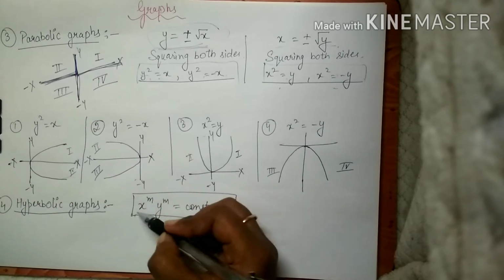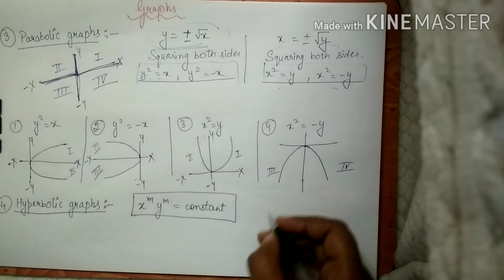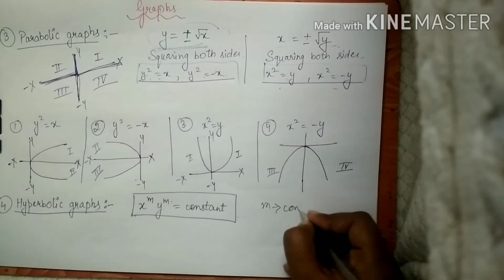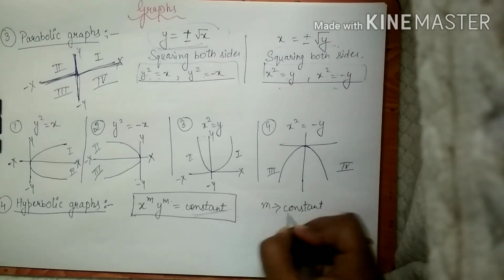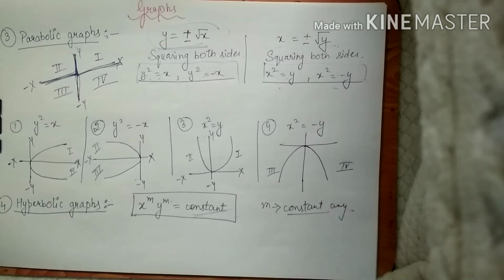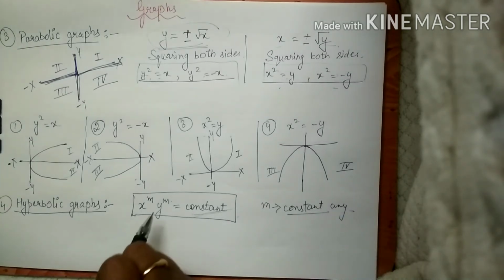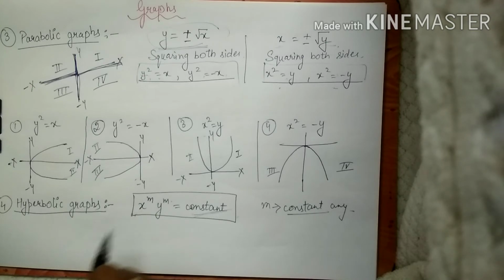So basically the powers of x and y should be same, where m is also a constant, or it could be any constant. So this is the equation for hyperbolic graph.